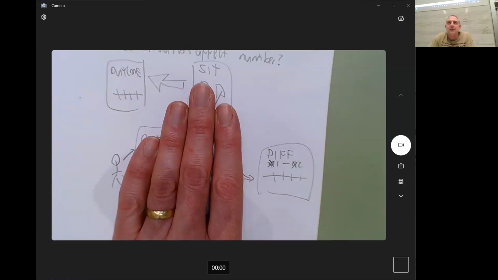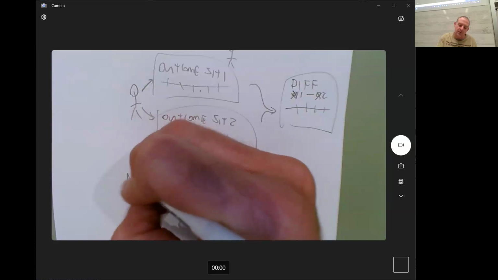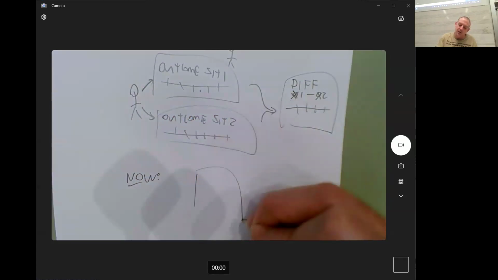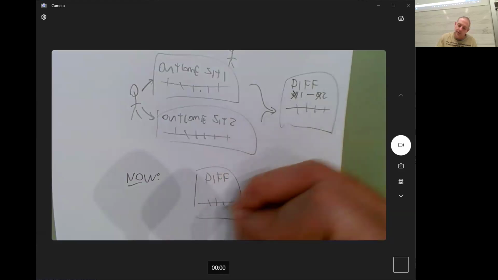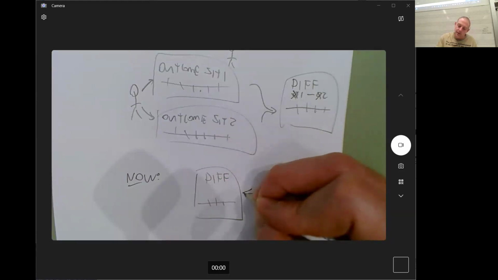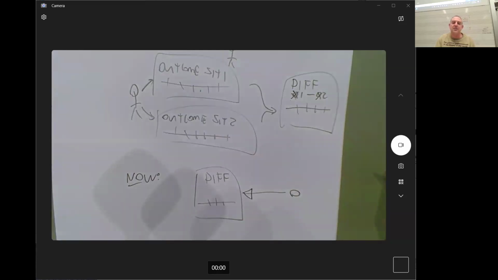Is there a difference? Is 0 the best number for describing that difference? That's the question we're asking.